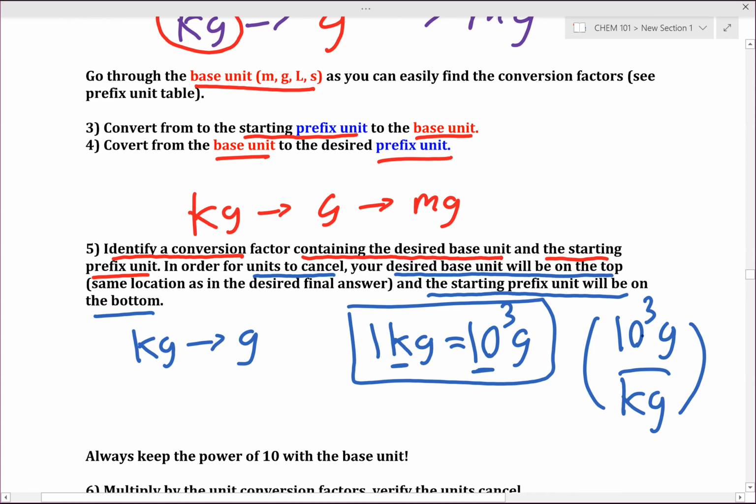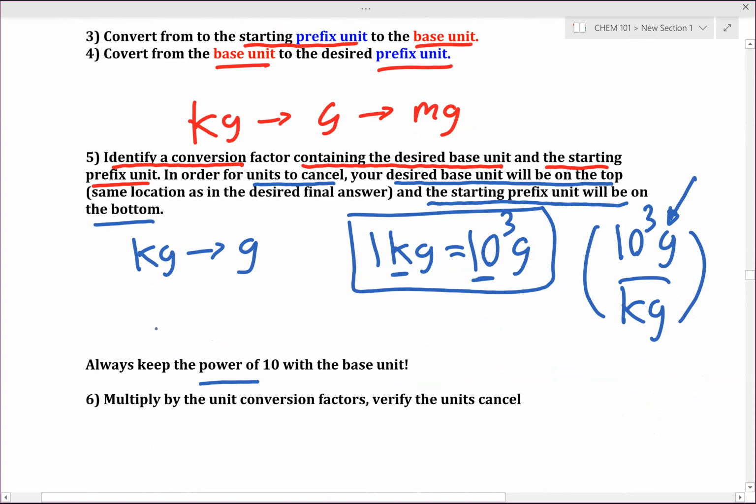Okay. So as a general rule, your power of 10 will always be with the base unit. I see students make this mistake a lot. They put the power of 10 in a random location and they end up with the wrong result. The power of 10, this 10 to the whatever, stays with your base unit at all times. Okay?